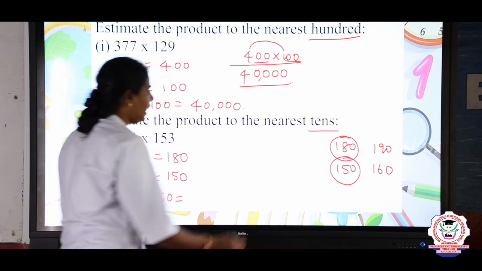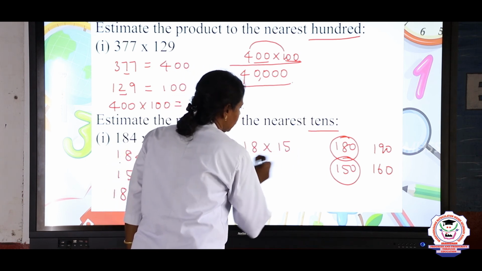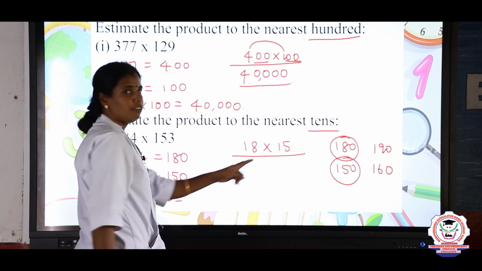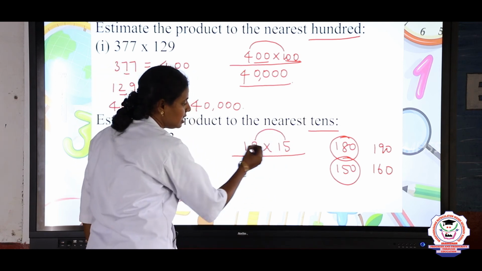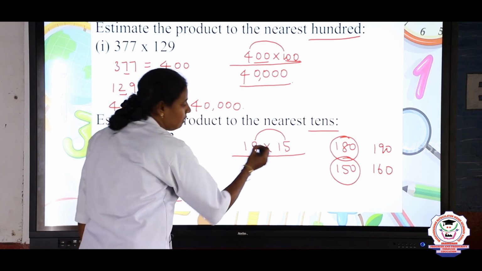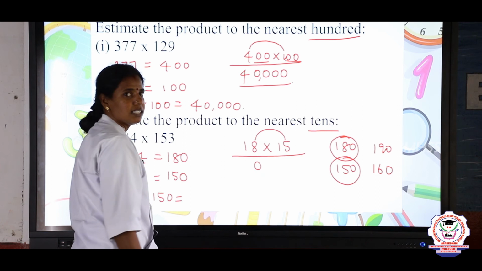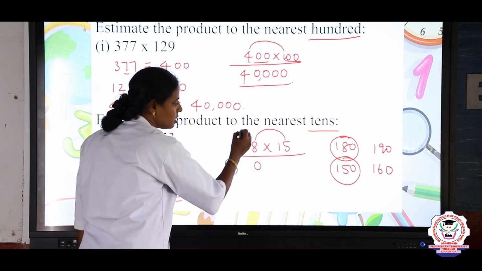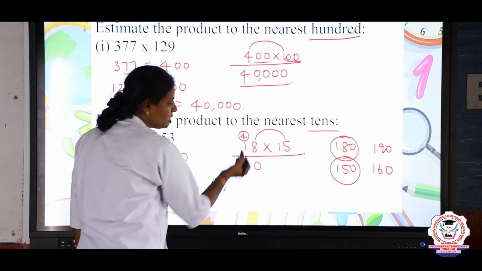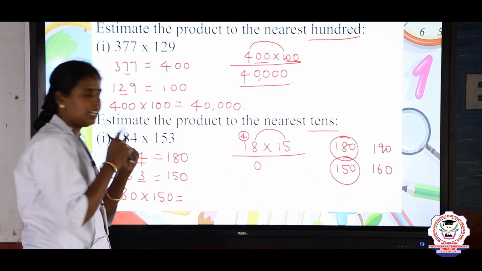First we will take 18 into 15. Find the product of these two. First we are going to take the ones number, 5 eights are 40. Write the 0 straight in the ones place, remaining is 4. Again 5 ones are 5, 5 plus 4 is 9.